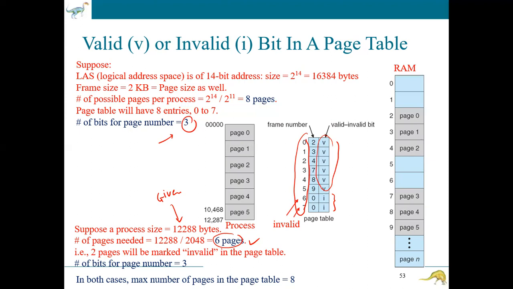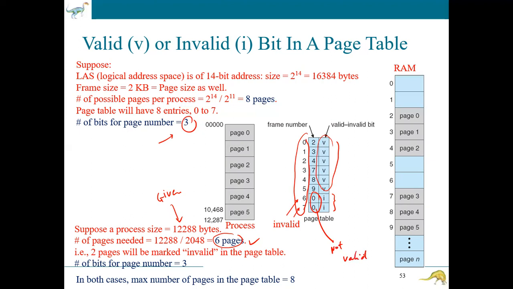You're not supposed to access the page numbers which are invalid. Invalid means there's no entry; the entry for the frame number is not valid. So the frame number here is 00. They're not valid. Do you agree with me?